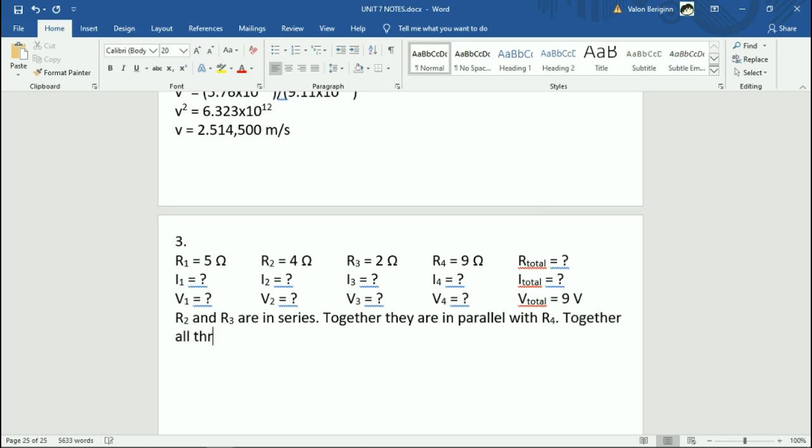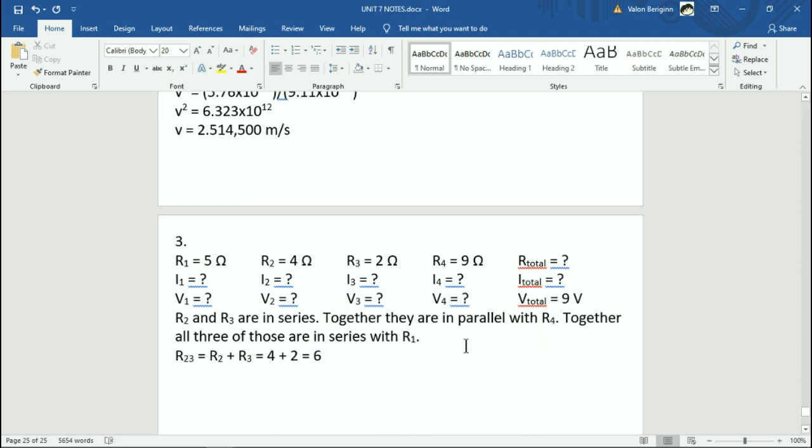Together, all three of those are in series with R1. So R2 and R3 are in series, which means R23 is R2 plus R3, that's 4 plus 2, so it's 6.